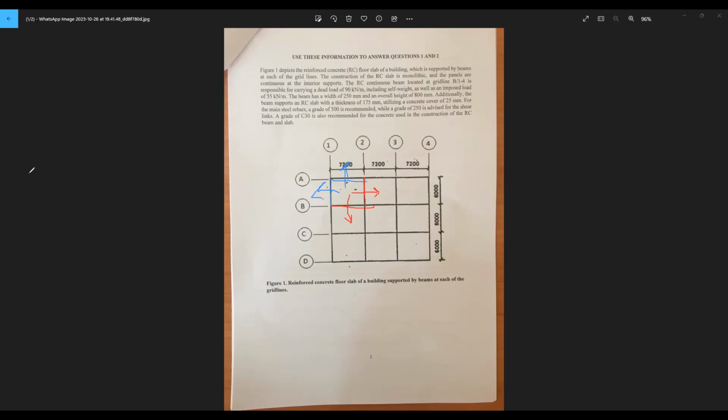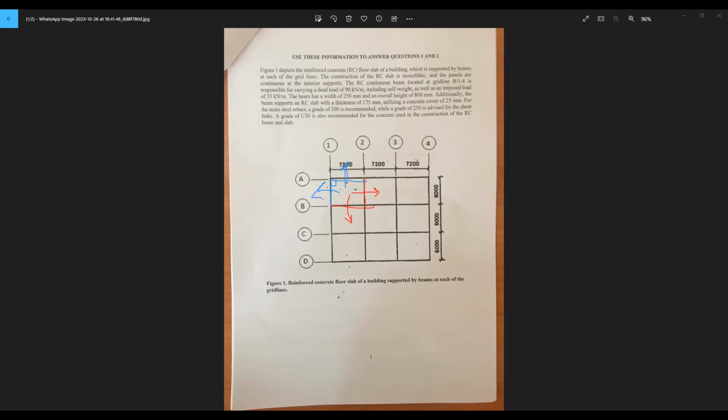And when you have two sides discontinuous, and they differ in angle by 90 degrees, or they are adjacent, we classify them as two adjacent edges discontinuous under the types of panels and moments considered.